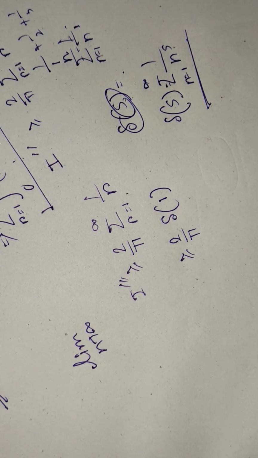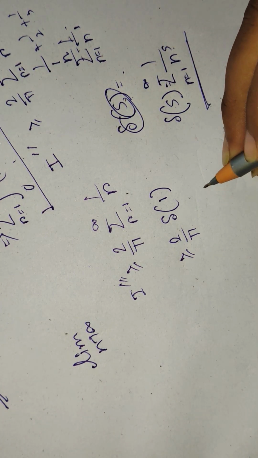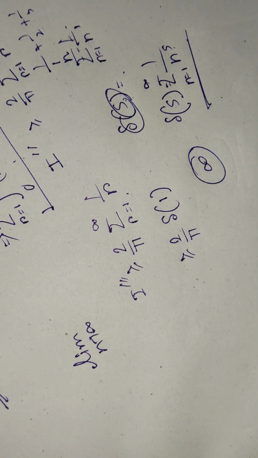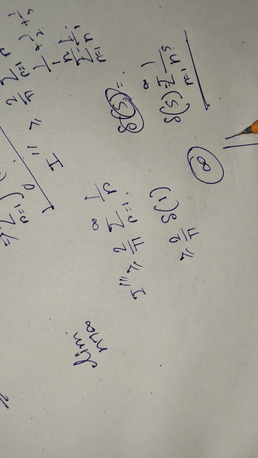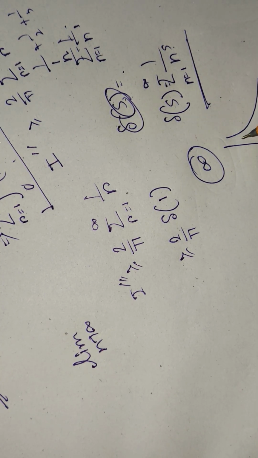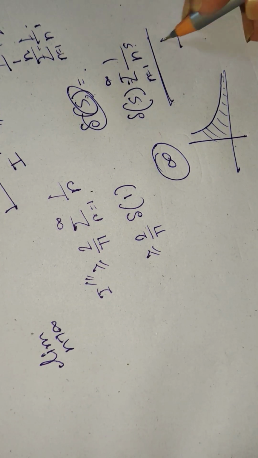Now the value of zeta 1 is infinity. Why? Maybe you will ask why it is infinity. Zeta 1 is like you can say it is tending to this. So the area is this, and it is basically the curve of 1 by x.